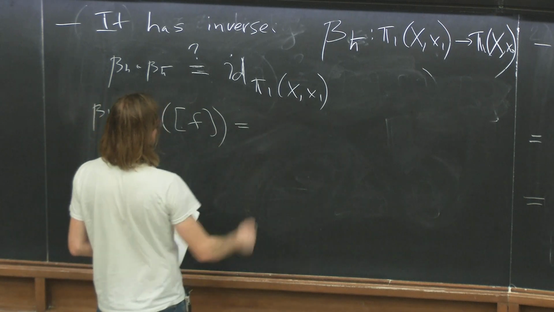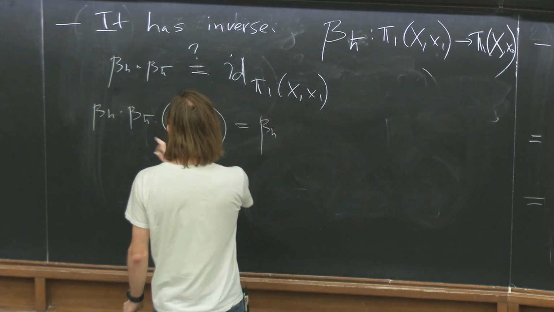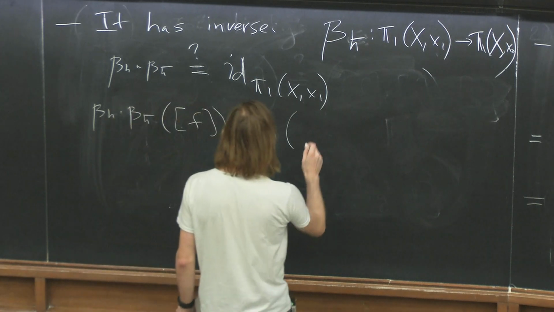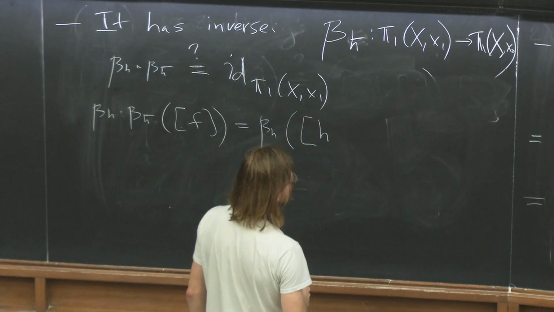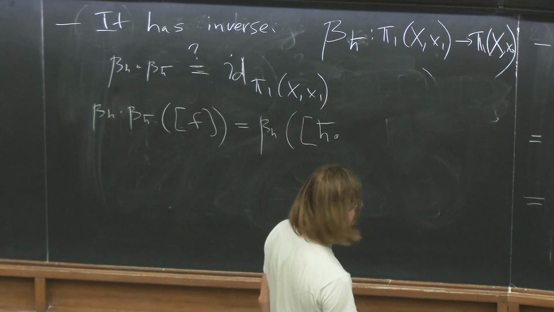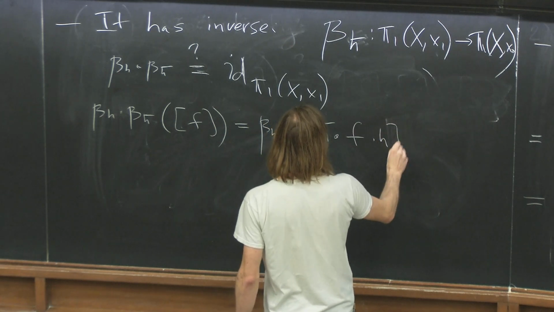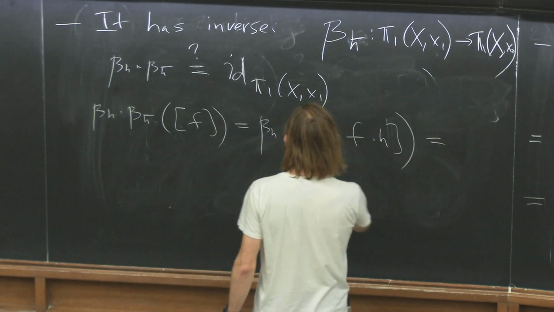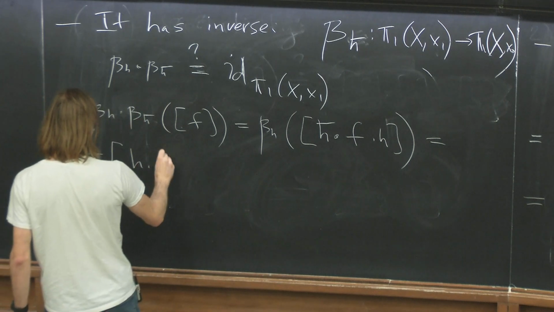This is a loop at x1, and we first apply beta h bar, which by definition is h bar f h, following the class. Then we apply beta h again using the definition, so the result will be the following composition.